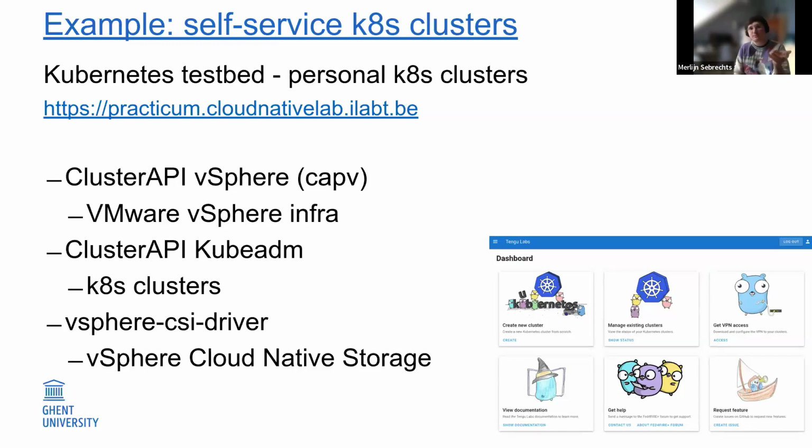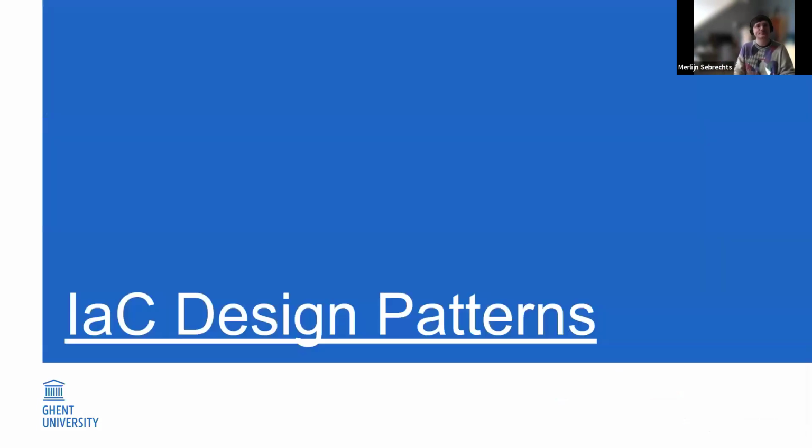It uses Cluster API Kube ADM in order to then deploy Kubernetes clusters on top of those virtual machines. And it uses the vSphere CSI driver in order to connect the containers in these virtual machines to vSphere Cloud Native Storage in order to use your virtualized vSphere storage for your containers. This is all happening with Kubernetes as an API, Kubernetes as the control plane to manage other infrastructure.